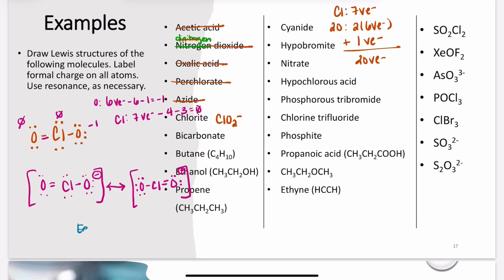These are resonance structures, but in this case, these resonance structures are equivalent. How do I know that? Because if I do the formal charge here, I get a 0, a -1, and 0. Notice that they both have the same amount of formal charge, 2 zeros and a -1, and the -1 is on an oxygen atom. They're equivalent resonance structures.